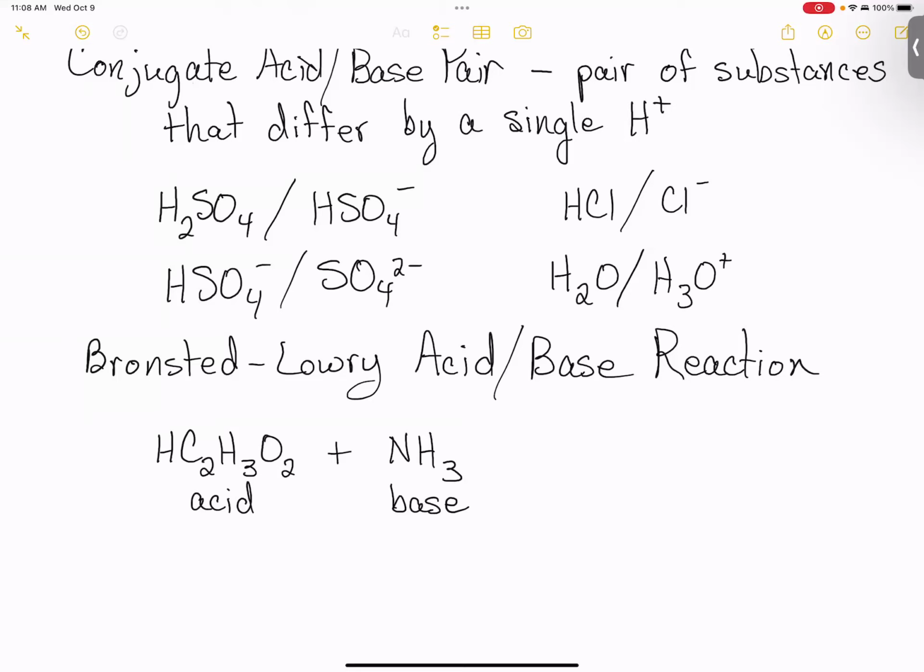Let's use the Bronsted-Lowry definition that an acid is a substance that donates a proton, and a base is a substance that accepts a proton. If so, then the acetic acid is going to donate its proton, and it is going to become acetate.